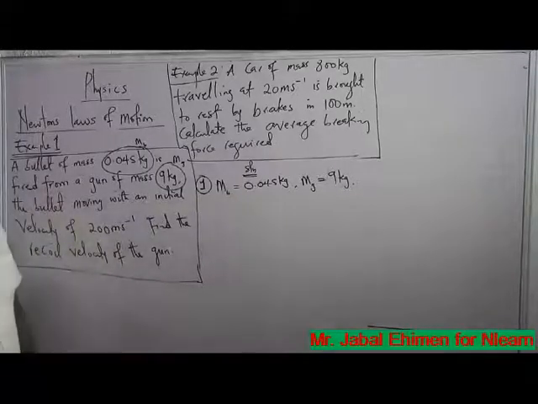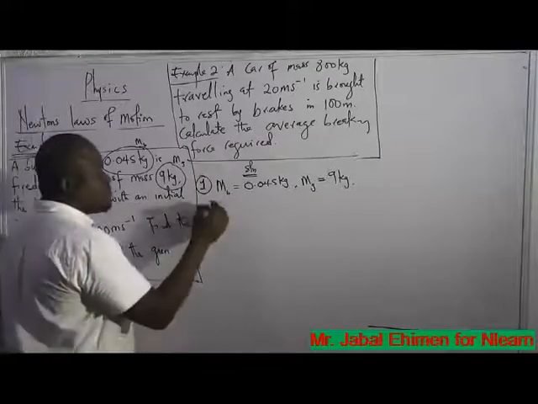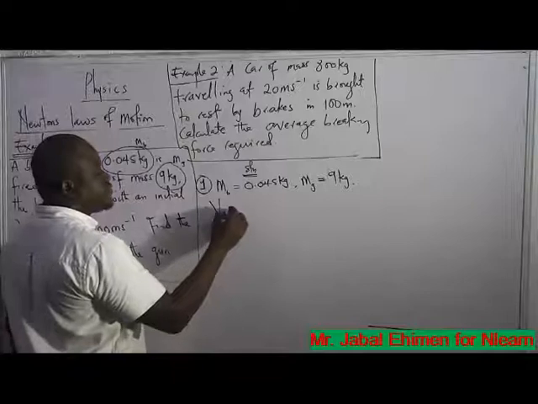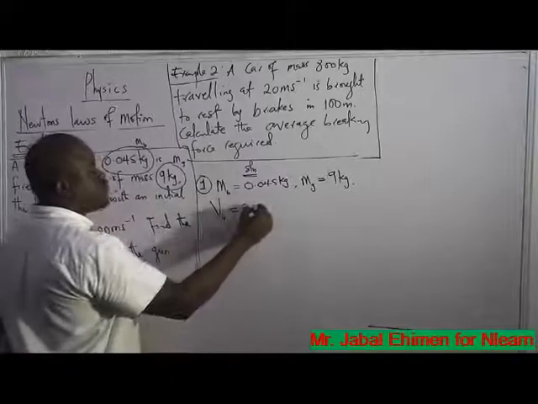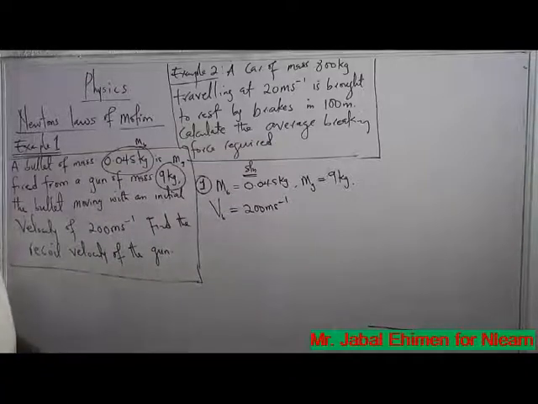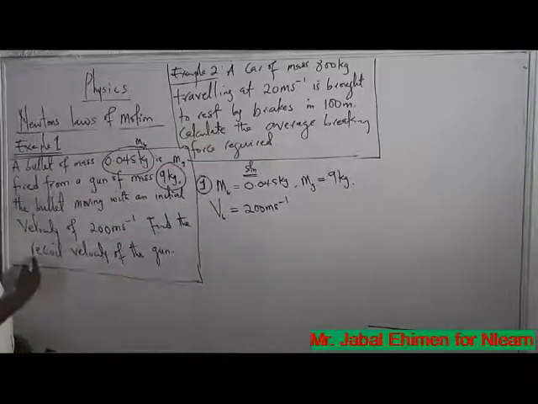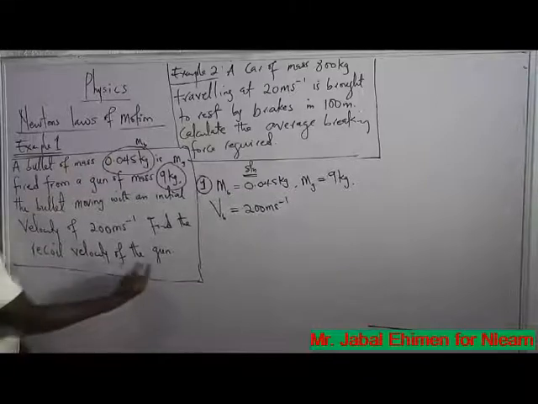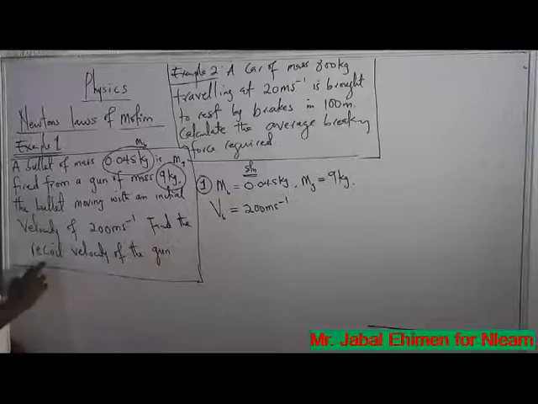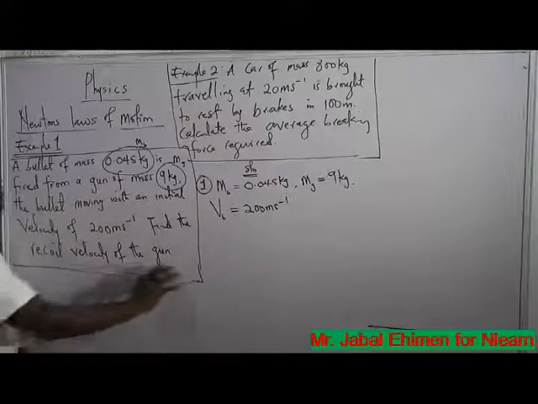Surely the bullet will be faster than the gun. So the velocity of the bullet, VB, is 200 meters per second. Then the question comes in: find the recoil velocity of the gun.